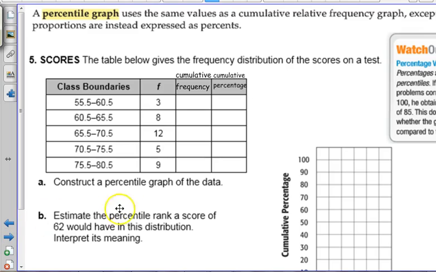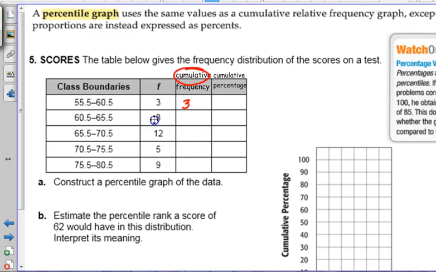We're going to do the same kind of thing real fast with this data. This is about a particular test score, and 3 people got between a 55 and a 60.5 on the test. So that's just a frequency of 3. But the cumulative frequency is what we're putting in this column right here.